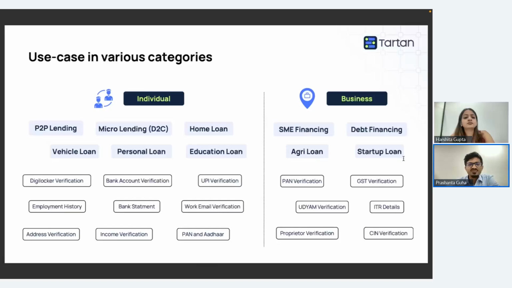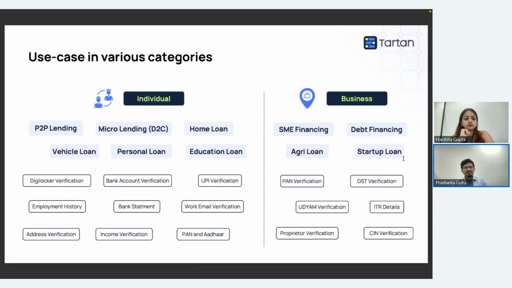We can verify your bank account, say by depositing a penny or directly without depositing any money as well. Then we can verify the different UPI accounts that are associated with any phone number. We can find out the entire employment history of a user using the phone number or a PAN number from the EPFO details that are publicly available.